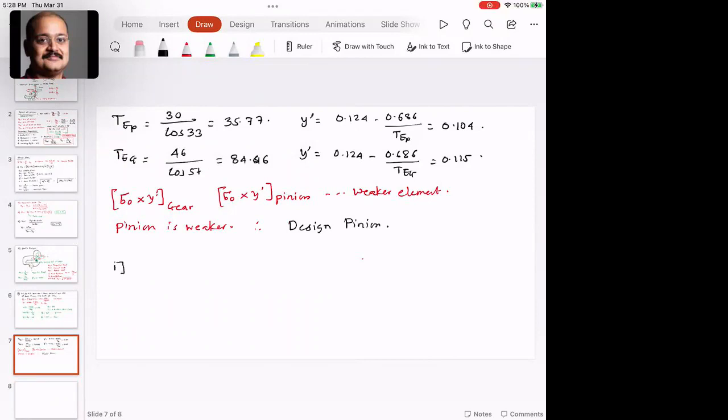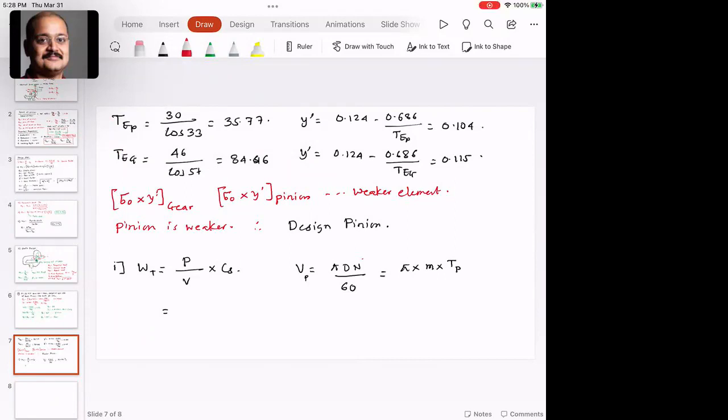So step number 1, WT is equal to P divided by V times service factor. Nothing special. So service factor will be assumed as 1. Pitch line velocity is pi times d times n by 60. So this is pi, and diameter is m times tp.